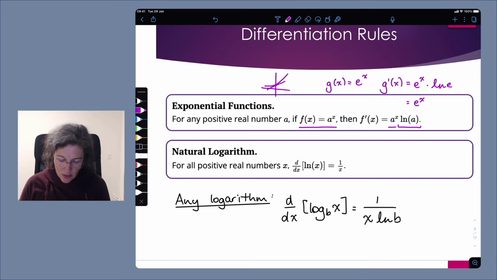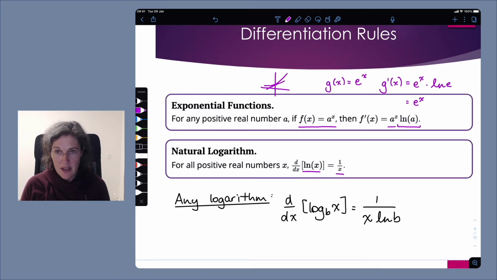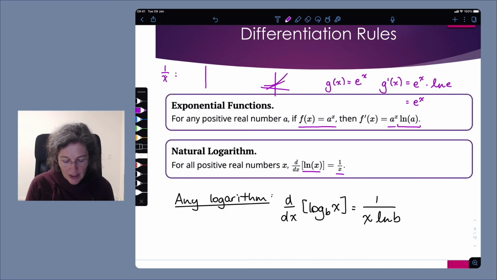Okay, natural logarithm. If we take the derivative of the natural logarithm, what we get is 1 over x. Be a little bit careful here. Now, the function 1 over x is defined for all values of x except 0. So if I just sketch the function 1 over x, what I get is this thing over here.